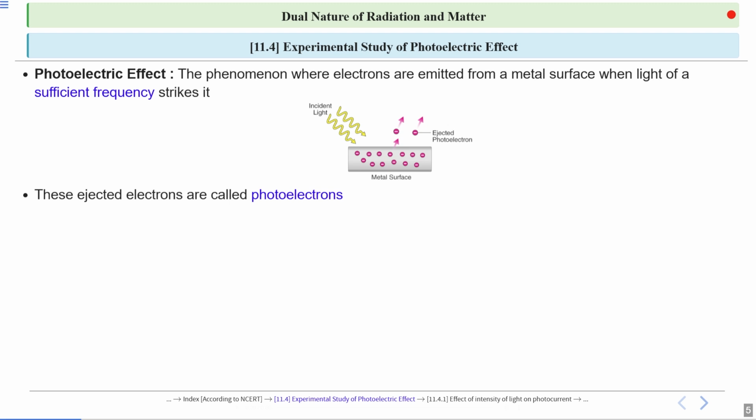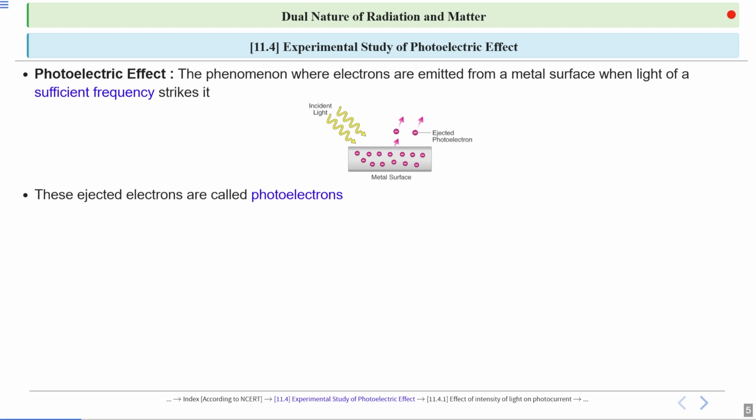Now let's focus on what we call these ejected electrons. They are known as photoelectrons. Alright, the ejected electrons are photoelectrons. These are just regular electrons, but we give them a special name because they are released due to the action of light.